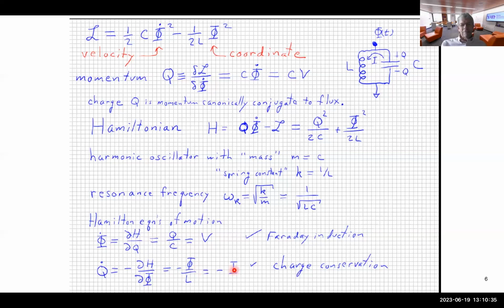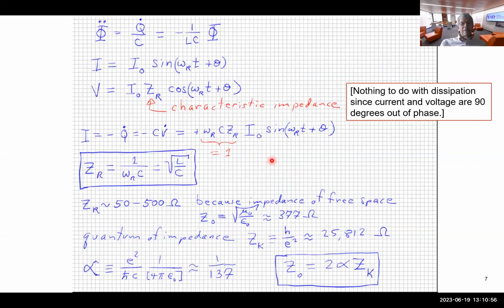And that's minus I. That's charge conservation, because if the current is positive, then Q must be decreasing because positive charge is leaving this plate and going with the current that way. Okay, so that all makes sense.